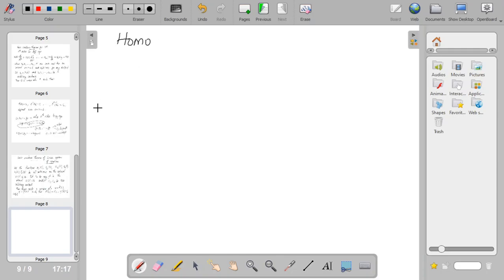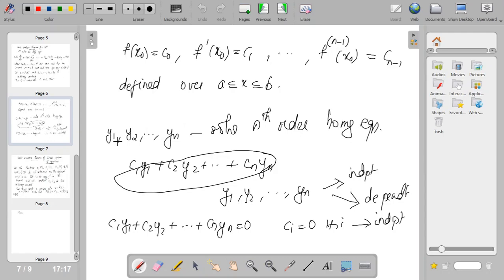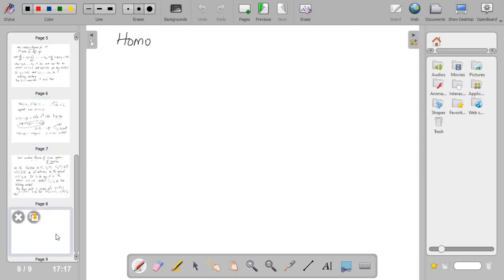So the result we saw after the existence theorem is this: if you have a homogeneous system and if y1, y2 and yn are n solutions, then any linear combination is again a solution. The same type of result will hold in the case of linear system also. So we will see that result.